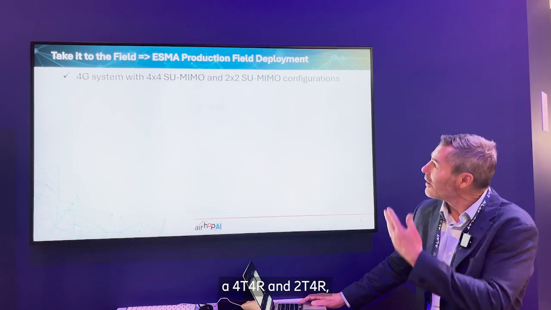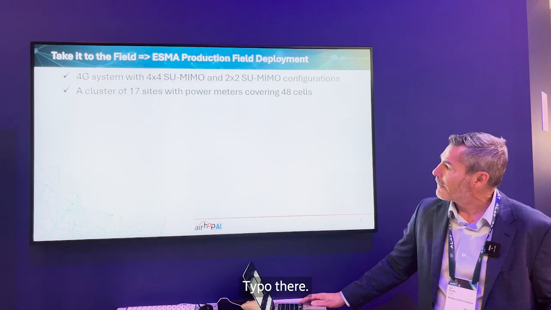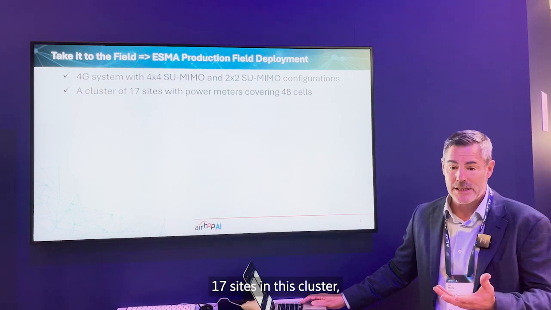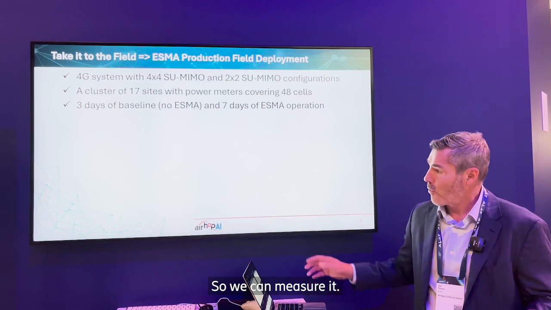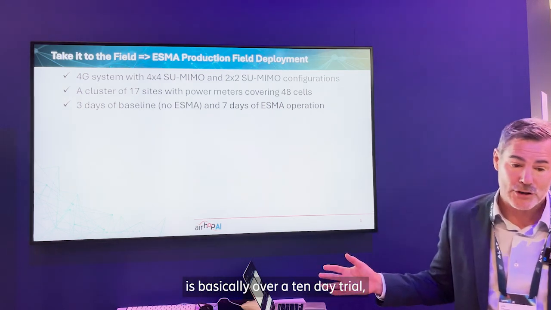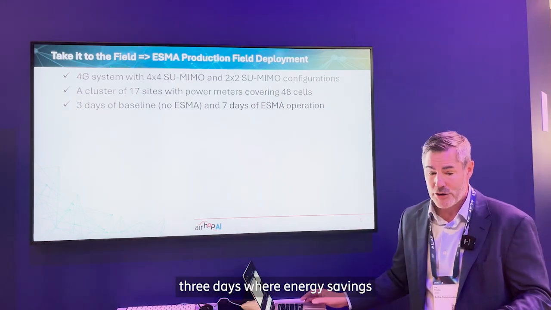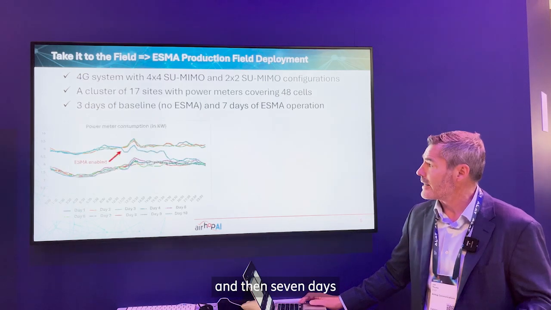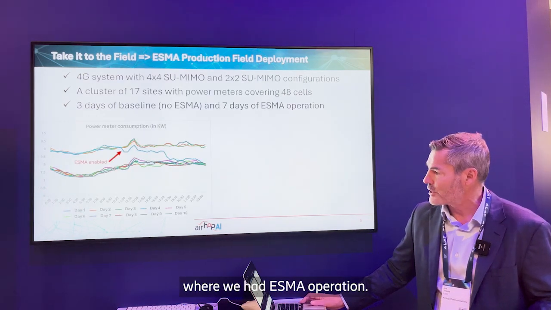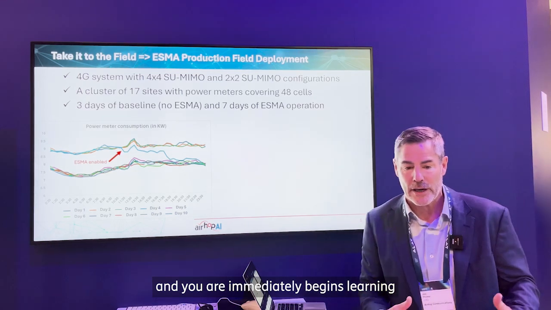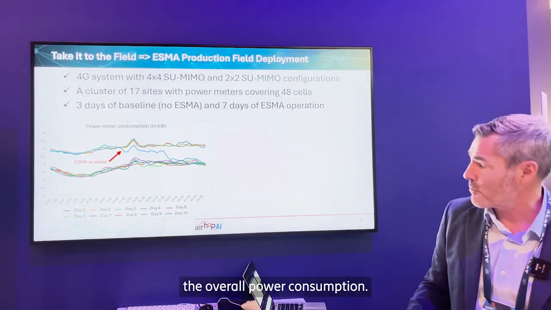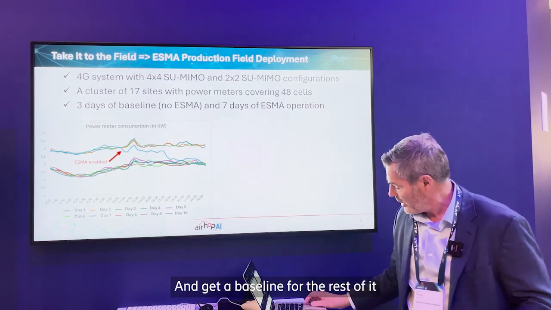Small typo there. 17 sites in this cluster, all connected to power meters so we can measure it. What we're showing here is basically over a 10-day trial, 3 days where energy saving was off to create a baseline, and then 7 days where we had MIMO adaptation operation. You can see on the 4th day, we turn it on, and it immediately begins learning and reducing the overall power consumption.